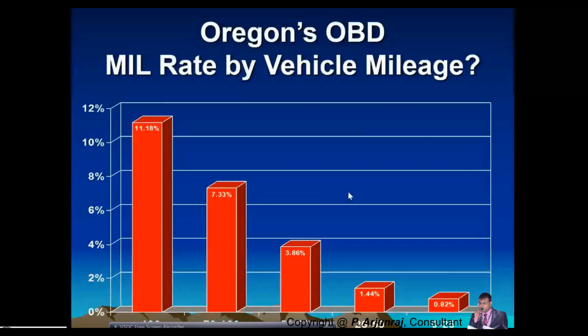So the MIL rate, the usage of MIL rate, is also increasing. The percentage is increasing. So when you're increasing the mileage of your vehicle, which means as the durability or the variability of the vehicle changes with respect to the miles or the age of the vehicle, you're also going to increase the rate of the usage of MIL.